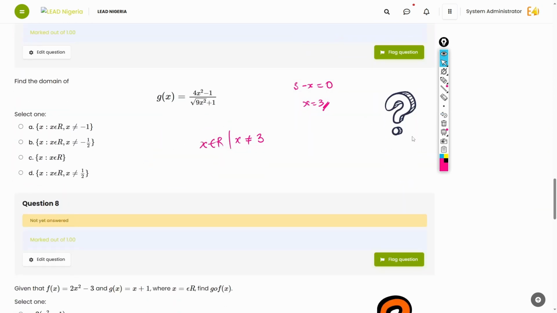All right, number 7. Number 7 says find the domain of this function.